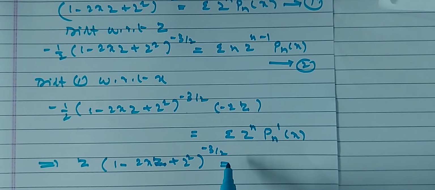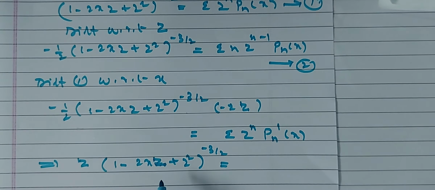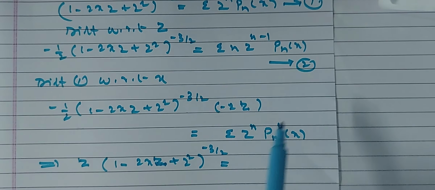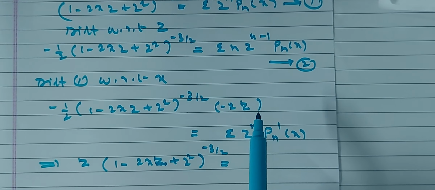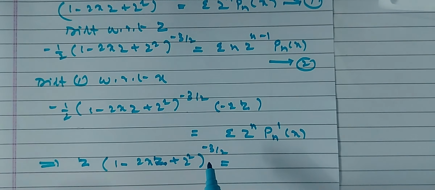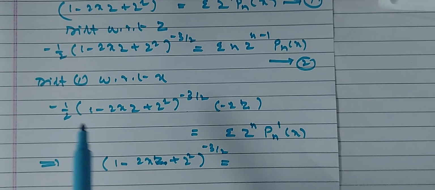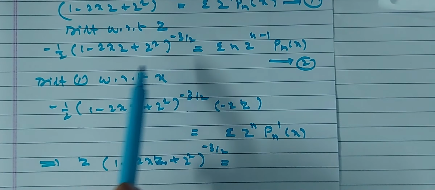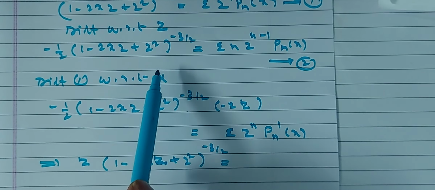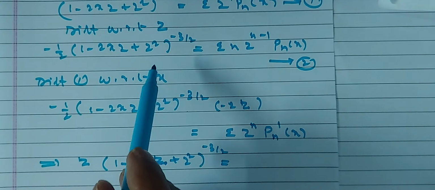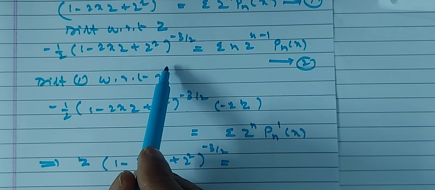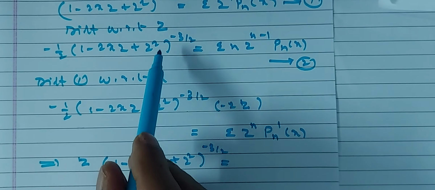The equation 2 is there. This is differentiating with respect to z, and we are not writing one step here.